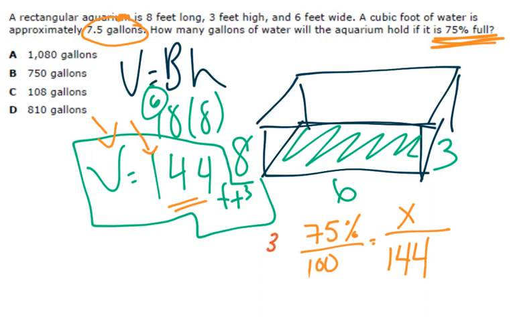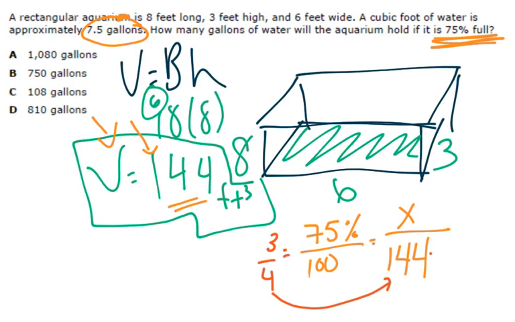75/100 simplifies to 3/4. Can I get from 4 to 144? Why, yes, I can. I know I can, but what do I do if I don't know right away what my scale factor is? Here's what I do.